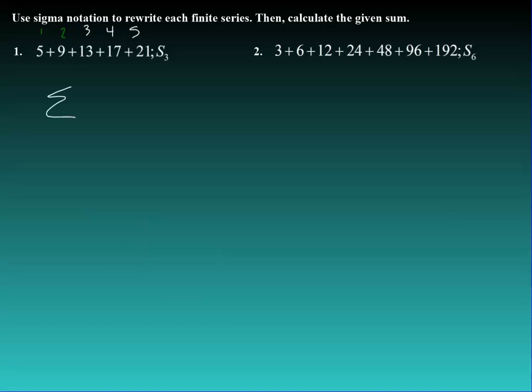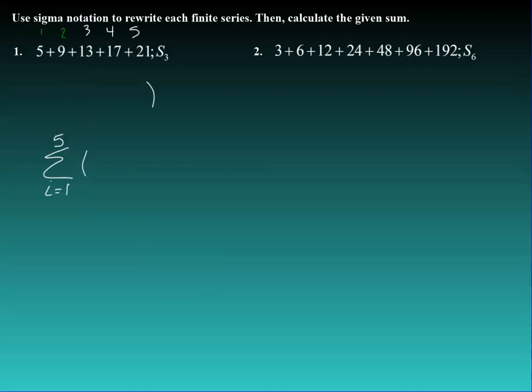So we're going to start with our sigma. On the bottom is i equals 1. We're going to start with the first term, and it goes to 5 because there are 5 terms. The next part is the part in here, and we have to find that by finding the arithmetic sequence.